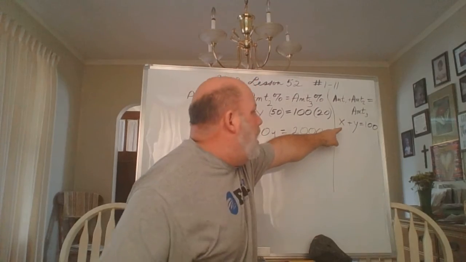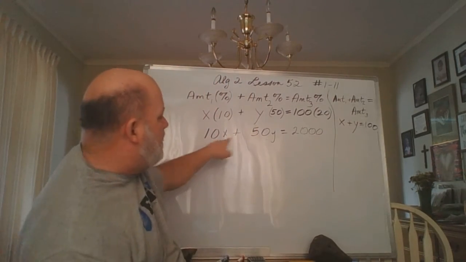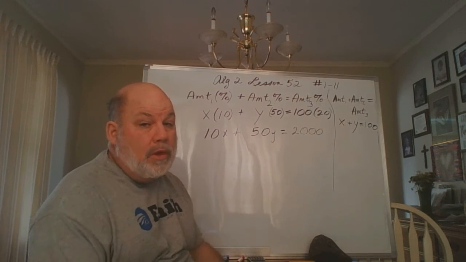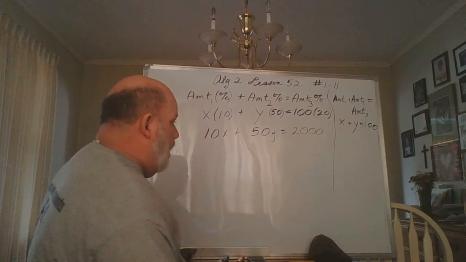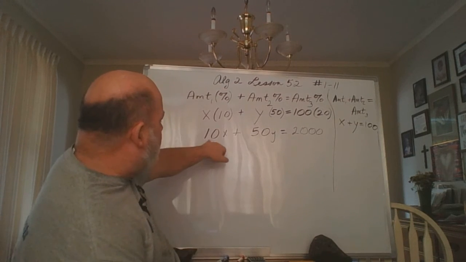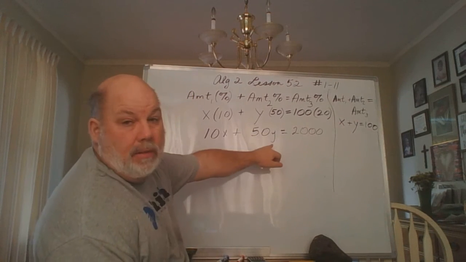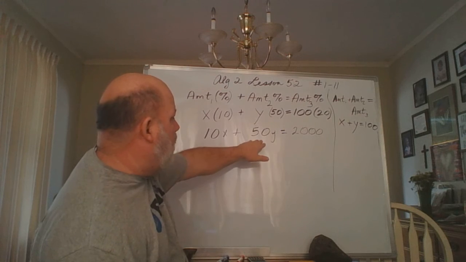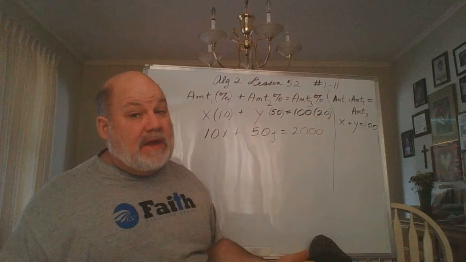So in this second one, I can solve for either x or y and substitute it in here and solve for the other. Which one do you solve for, x or y? Doesn't matter. Take your pick. I will tell you this, though. Notice that it's 10x, 50y. If you pick the variable that has the smaller coefficient, then you won't have to deal with any negatives.